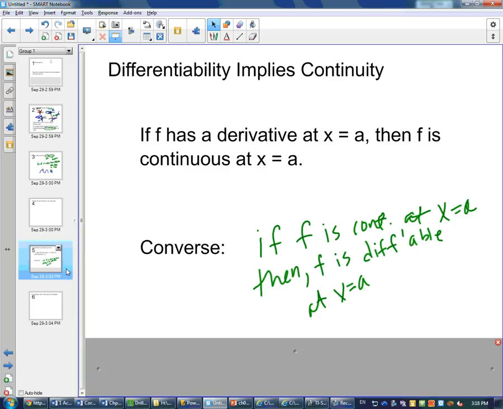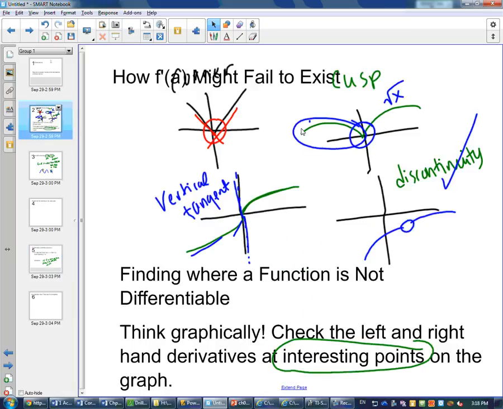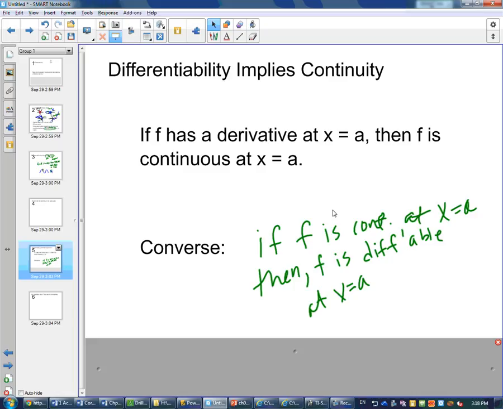Okay, I'm proving myself exactly right here. So the converse, I am saying the converse correctly, I'm sorry. If f is continuous at x equals a, then f is differentiable at a. What I'm showing you here are counterexamples. So this converse is not true. And we have these counterexamples.